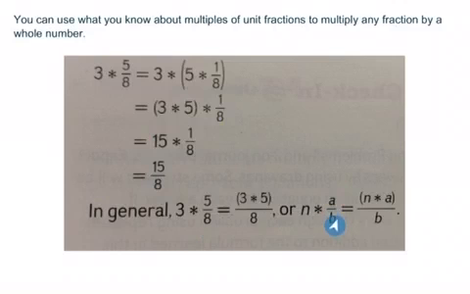It's the same as if I said n times a over b. There's the algebraic equation that goes with it. Right now you're probably saying, yeah, but why does it matter? I could have just told you this answer already. That's true, but this is going to come in handy when the problems aren't quite so simple.